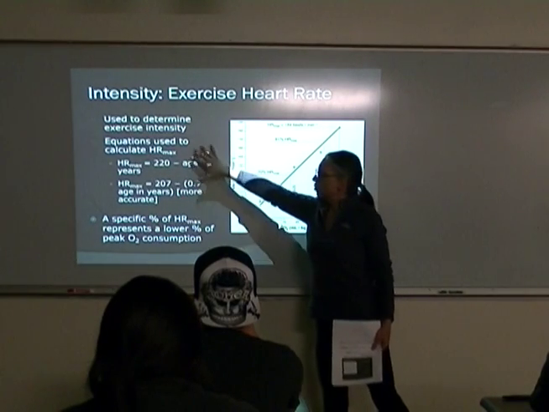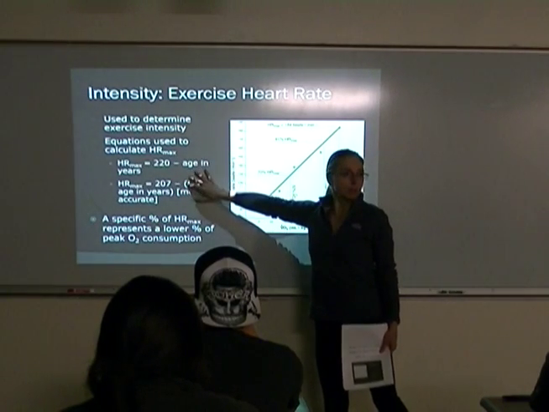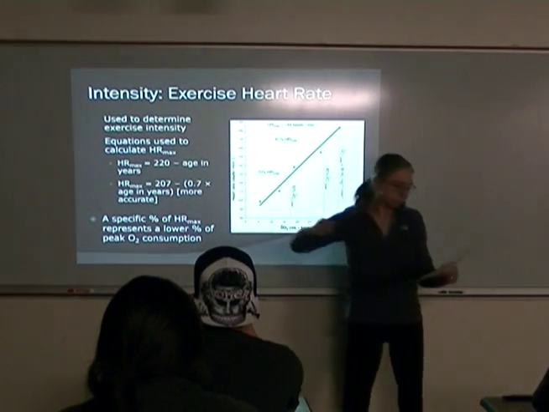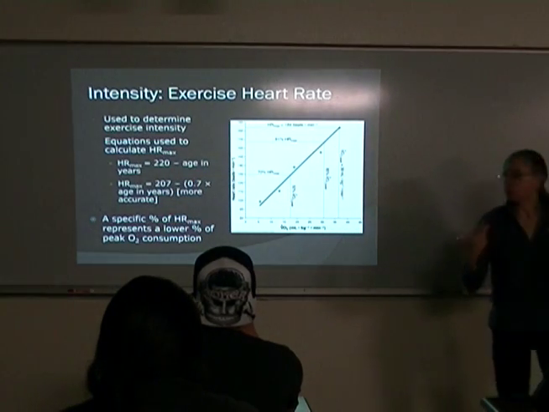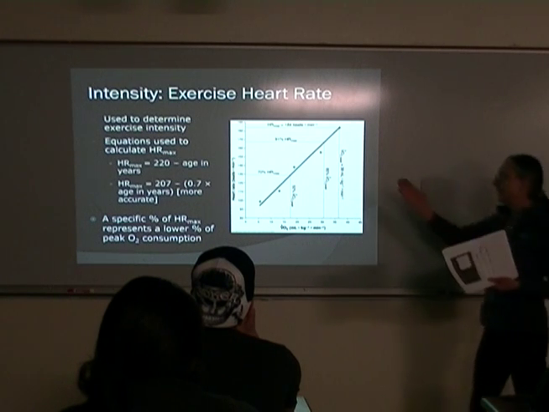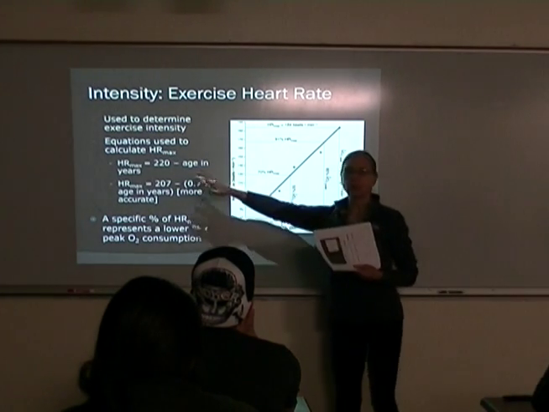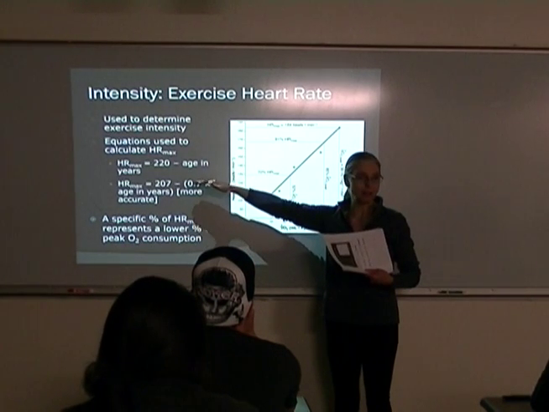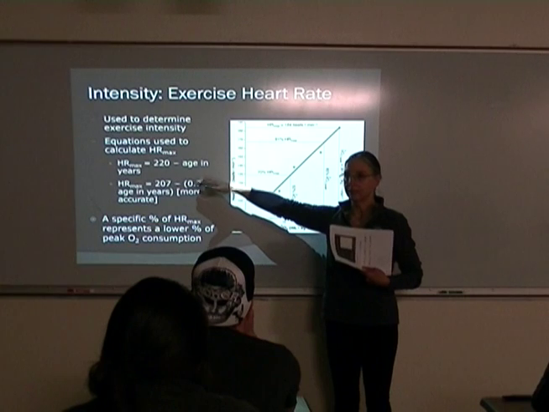But here are the equations that Dr. Barlow was mentioning. The simple one is 220 minus your age. It's a very rough guesstimate of your heart rate max. But it's very, very easy. We can all hopefully subtract our age from 220 without a piece of paper or a calculator. Yes, sir.